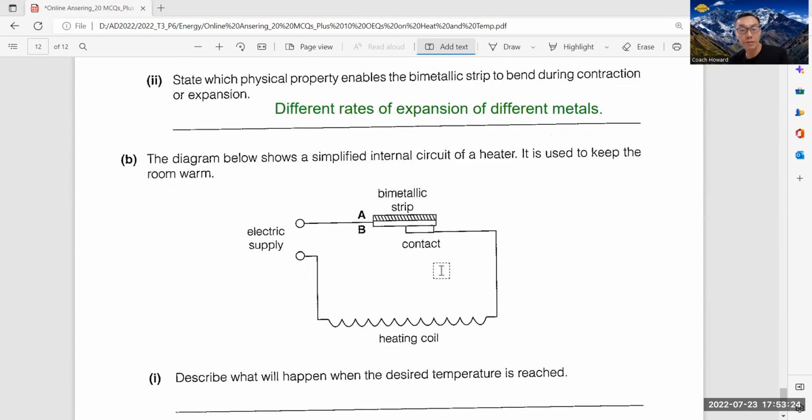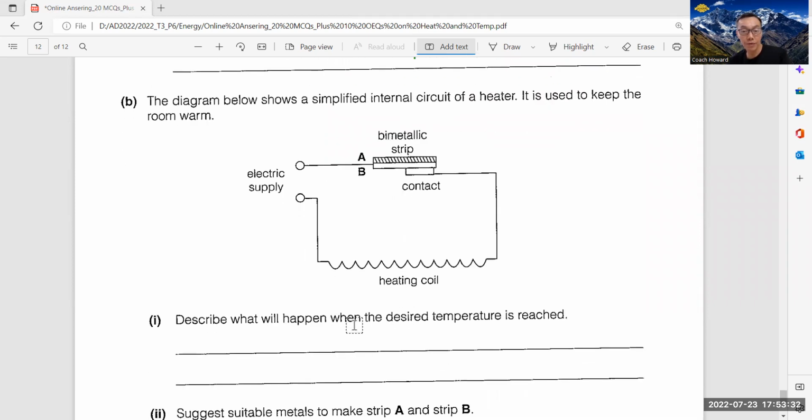Okay, so now this is a circuit diagram of a bimetallic strip, electrical supply, heating coil. So they say describe what will happen when the desired temperature is reached. So you just say that the bimetallic strip will bend away from the contact and break the circuit. Now you see this part is in contact. That means it's a closed circuit, so it will keep on heating.